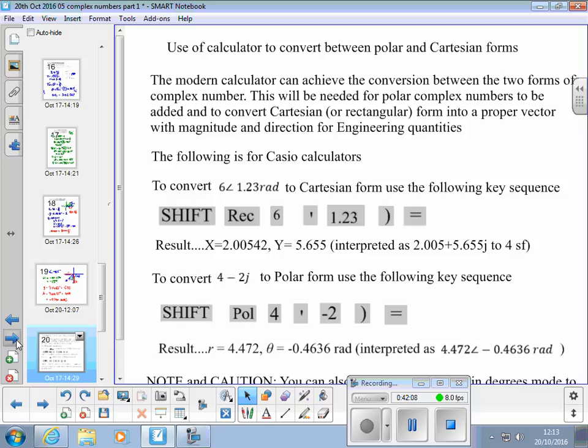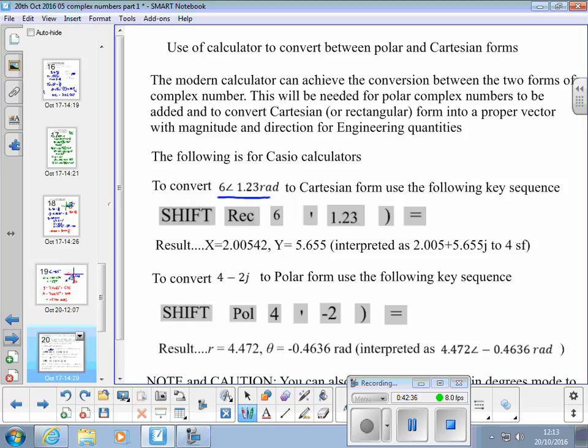Hang on, no, go into radians mode, please, for this page. We're going to convert, first of all, 6 angle 1.23 radians into Cartesian form.